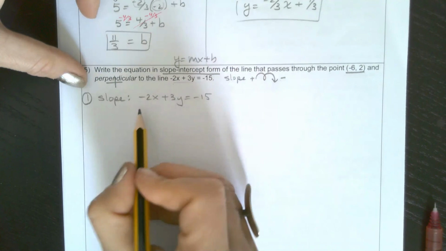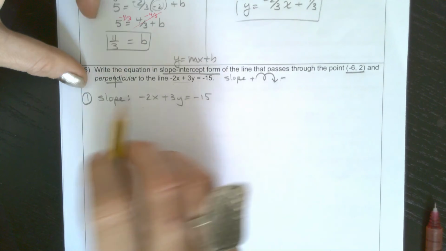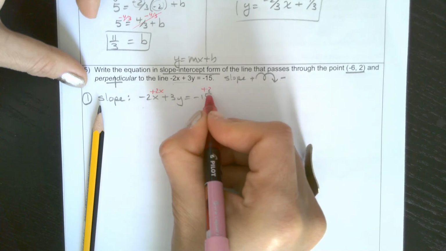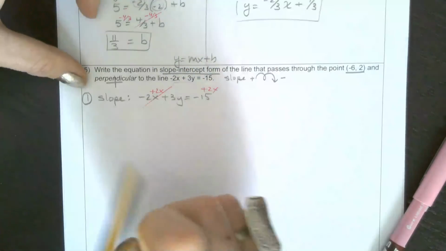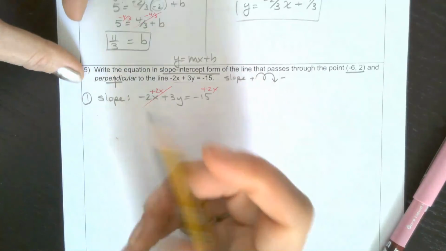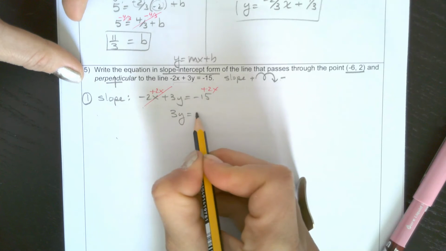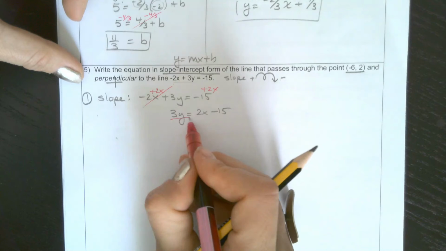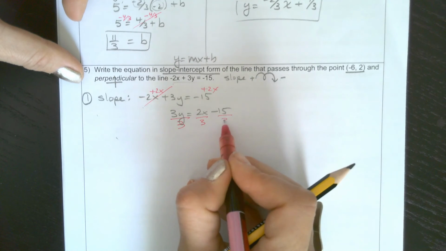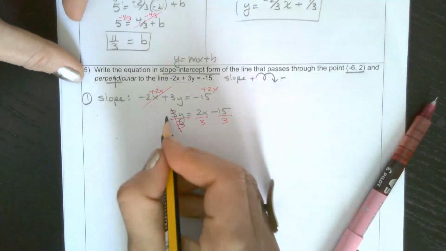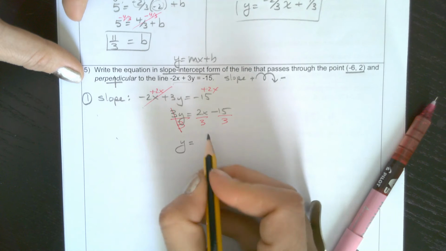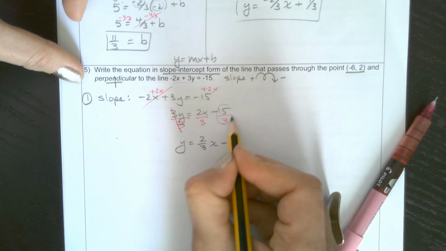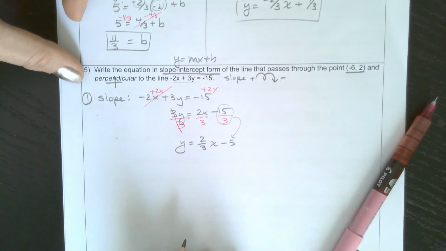So I'm going to write this down. And I need to solve for y to find my slope. So plus 2x plus 2x gone. Whoops. 3y equals 2x minus 15. I need to get y alone, so divide everything by 3. That's 1y, so really I can just write y. And if I put that in my calculator, that's equal to negative 5.